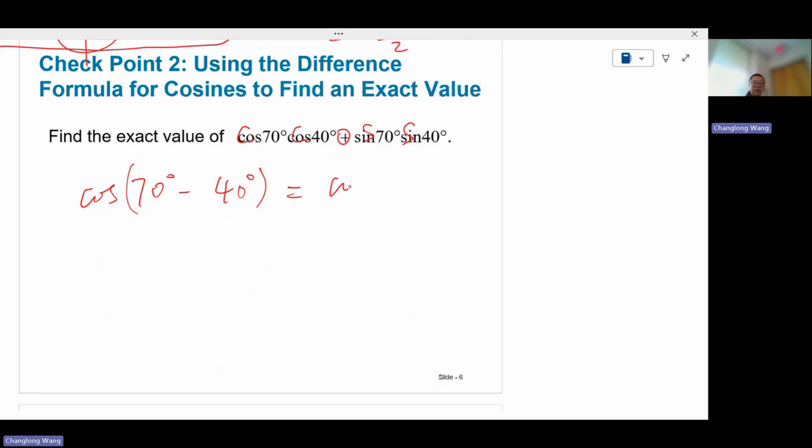So now it's cosine 30, which is a bit better than 40 or 70. And we already worked out cosine 30 is radical 3 over 2. And that's it. It worked out even easier, right? But I guess it's more meaningful since now you're more alerted to this pattern. Okay.